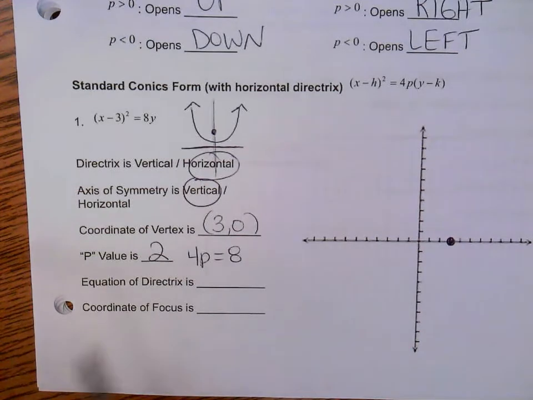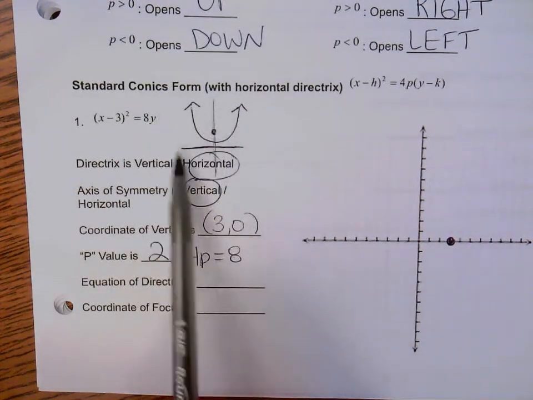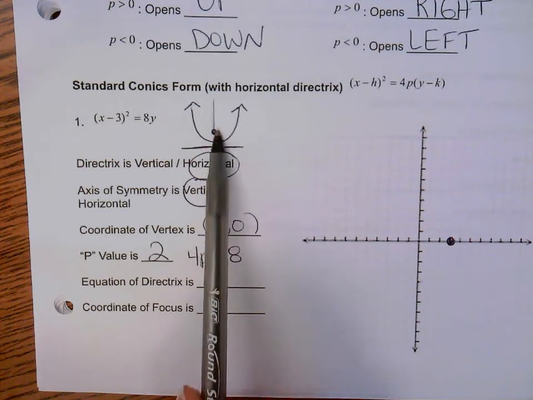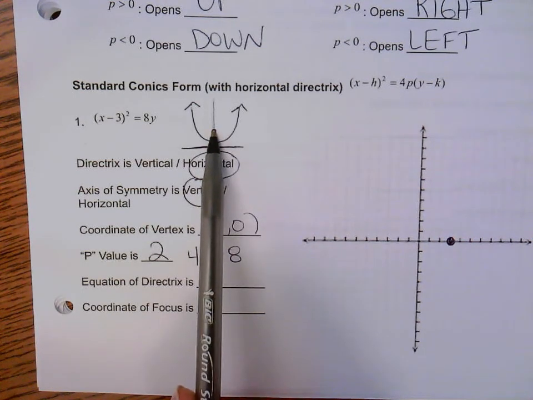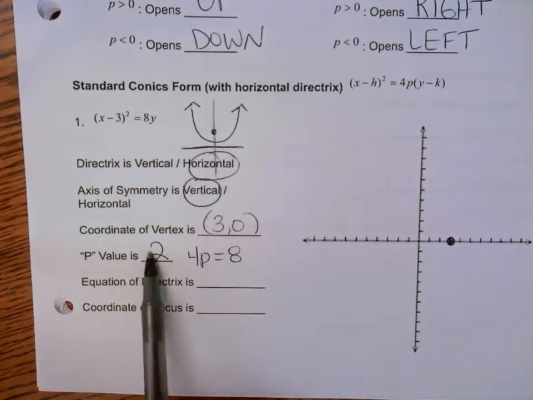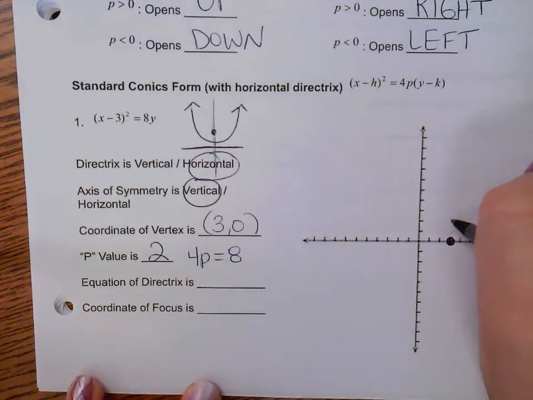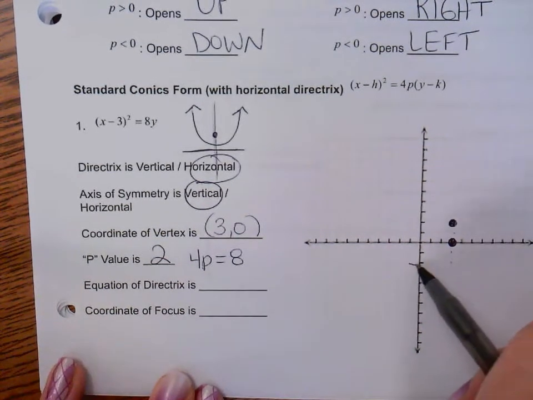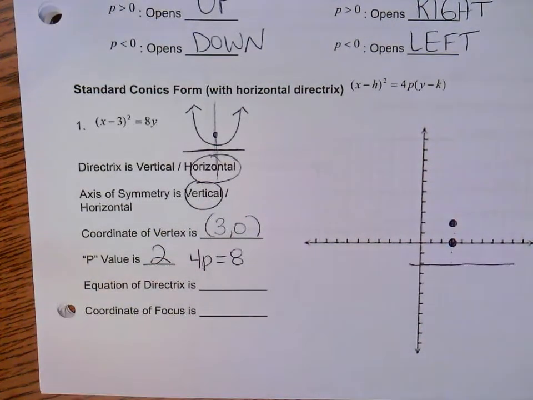Now is when you're going to graph everything else. So if I look back at this little sketch, if I go up p units, that's my focal point, and if I go down p units, that's my directrix, and p is 2. So I'm going to go up 2 and dot my focal point, and down 2 and draw in my directrix.